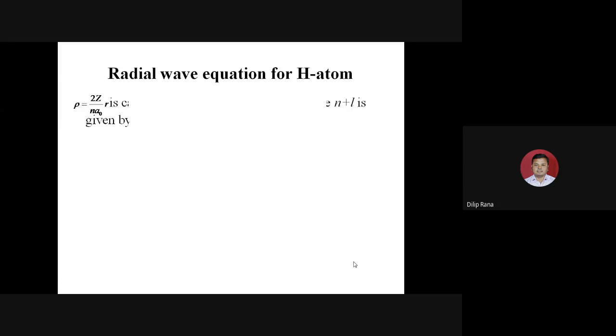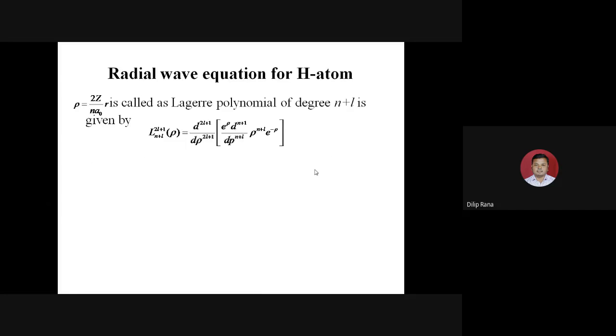Now to determine this n and l, basically this is the Laguerre polynomial, and this Laguerre polynomial is helpful to determine the spherical coordinate where angles are involved. That's why l is determined by using this one.